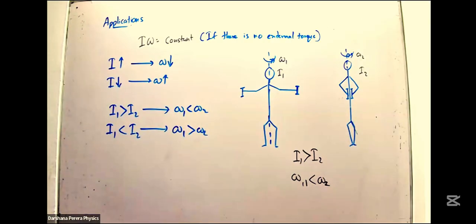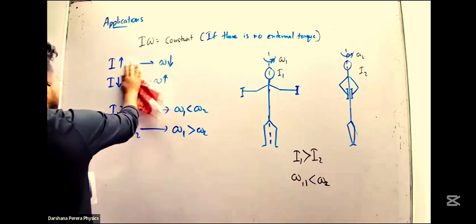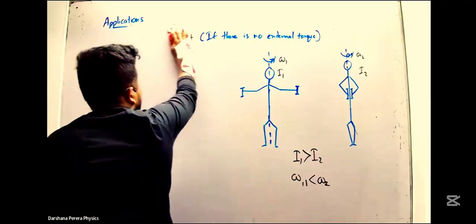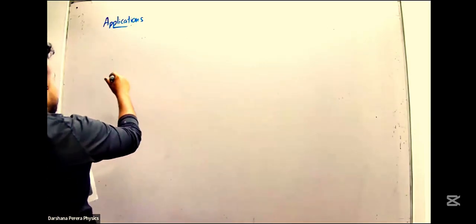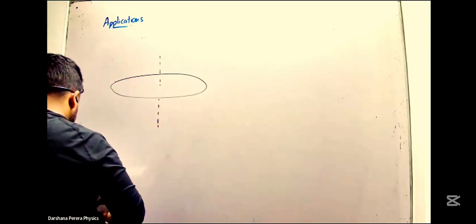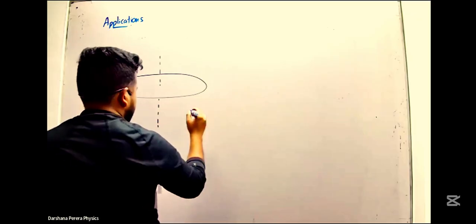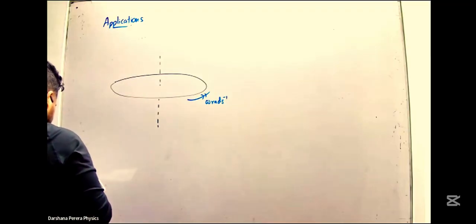Here is the problem. A cylindrical plate having a mass capital M and radius capital R rotates with omega, in radians per second.